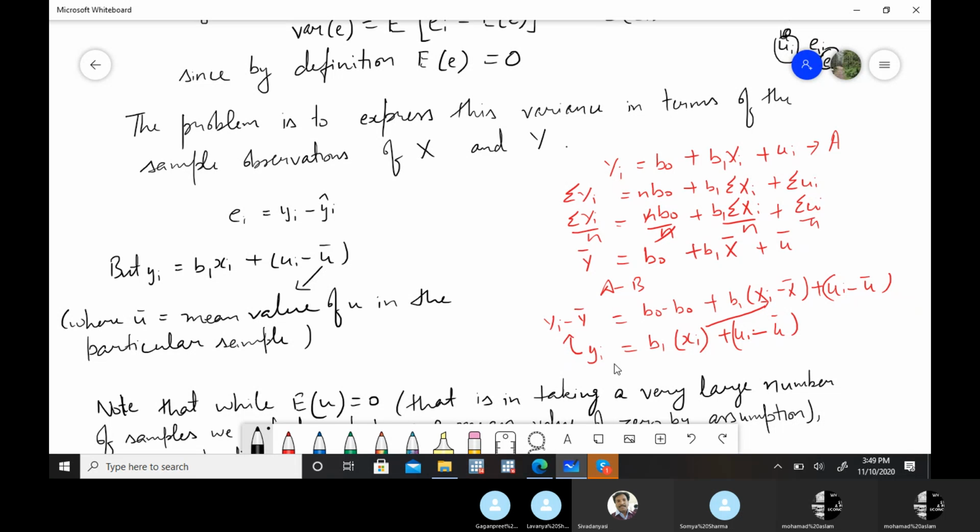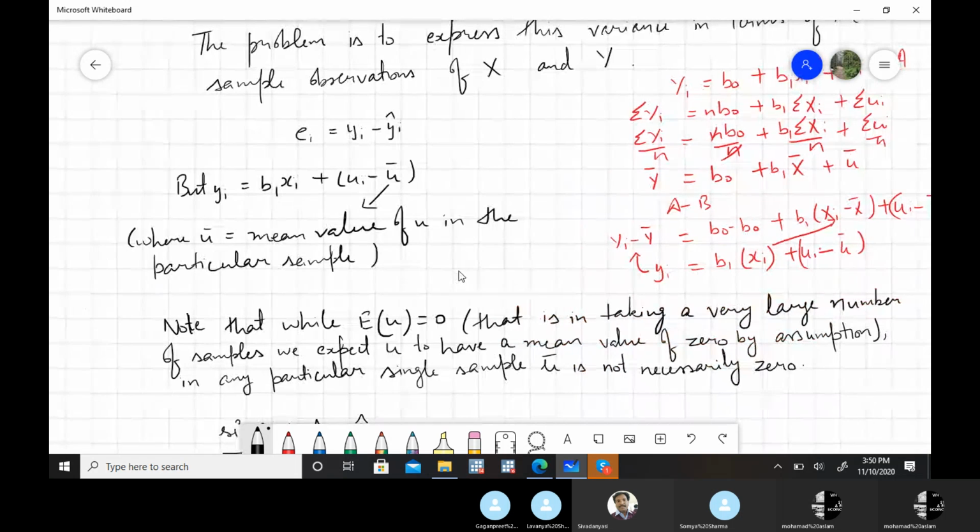Now you can write this equation in deviation form. So in deviation form, it's small yi equal to beta 1 xi, this will cancel out, and ui minus u mean. This is the deviation form.